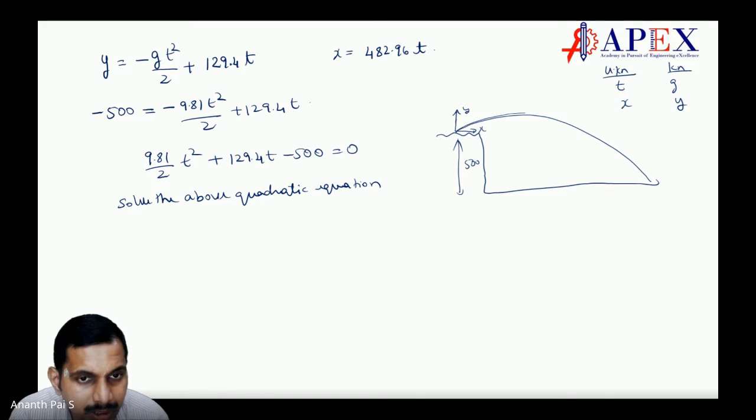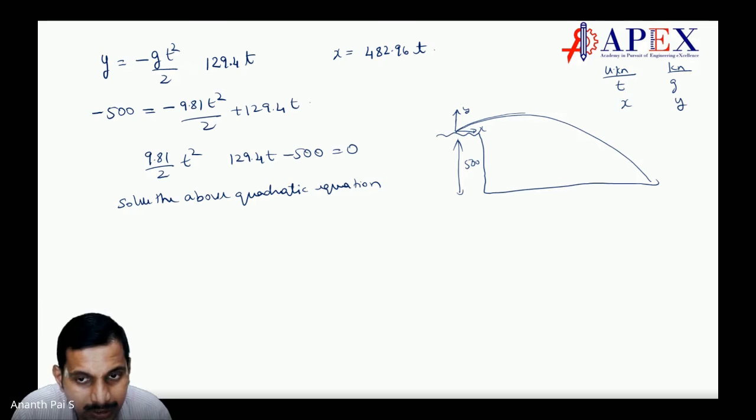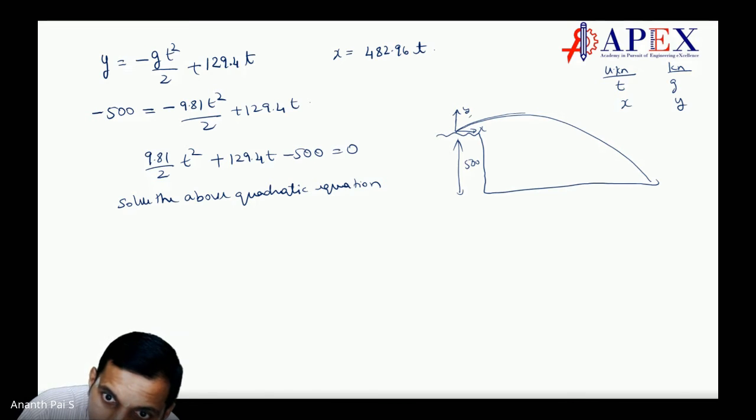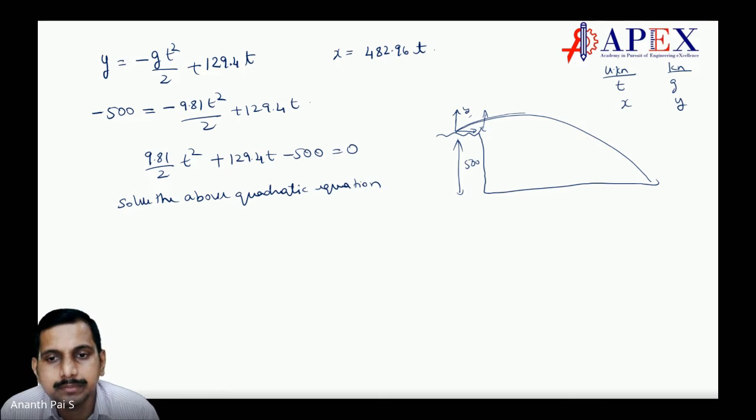Sir, isn't it minus 129.4 t? It is minus 129, correct? I am sorry here, students. Here it should be minus 129. No, it is plus. I'm sorry. It is plus because it is projected in the y direction here. It is not minus. It is plus only.